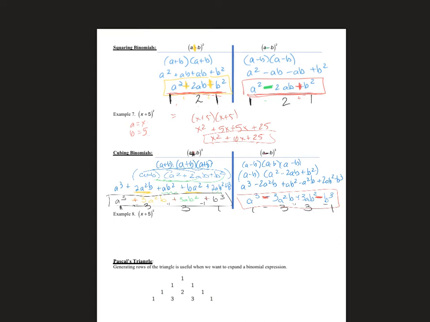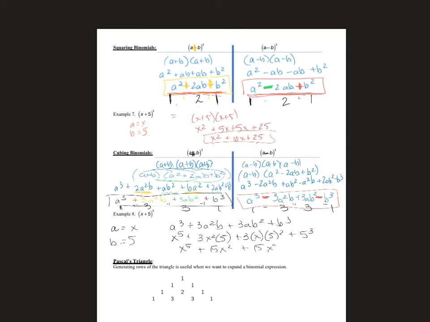So if I were to look at this example, if I were to identify a and b, I could just substitute into this: a cubed plus 3a squared b plus 3ab squared plus b cubed, a being x, b being 5, and I'm going to get x cubed plus 15x squared plus 75x.